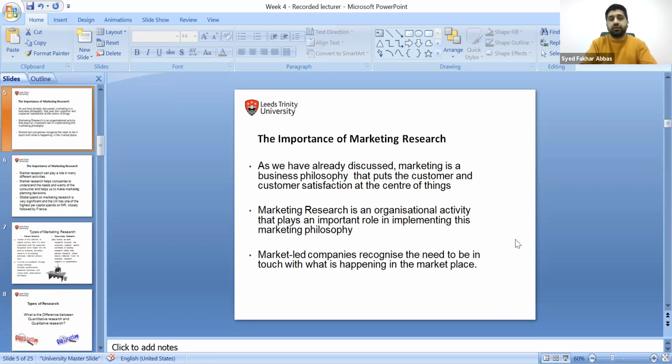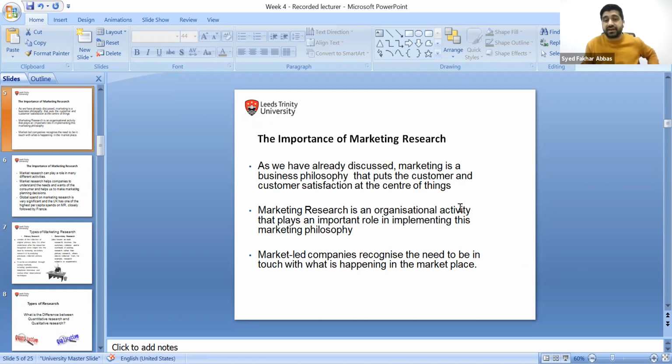So first of all, we will talk about market research. As I said, every company is trying to find out about the behavior of customers. Then they're trying to find out about the changes going on around the market, within the market. We can see here, marketing is basically a business philosophy that puts the customers and customer satisfaction at the center of things.